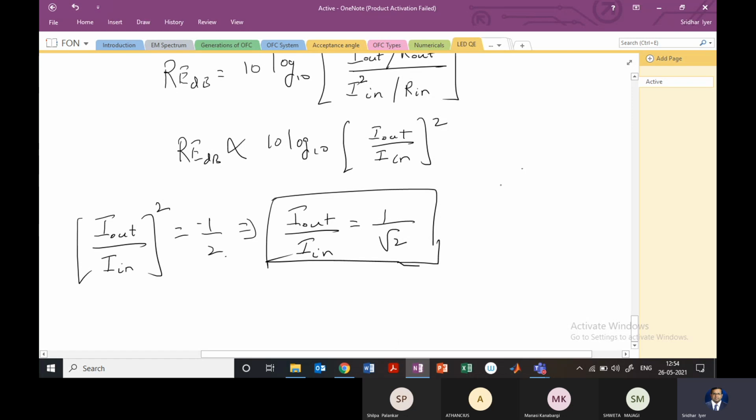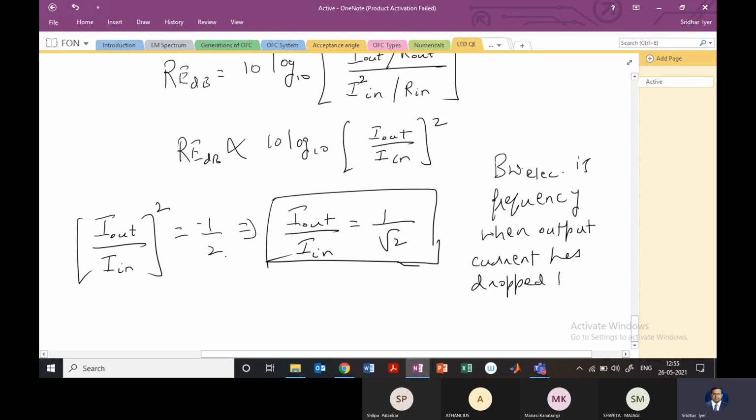Just to make it clear, I'll write this: electrical bandwidth is the frequency or range of frequency when output current has dropped to 1 by root 2 of initial current.